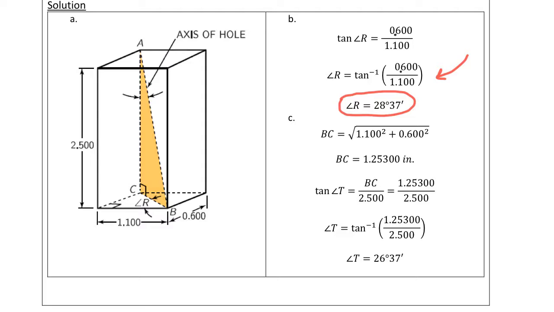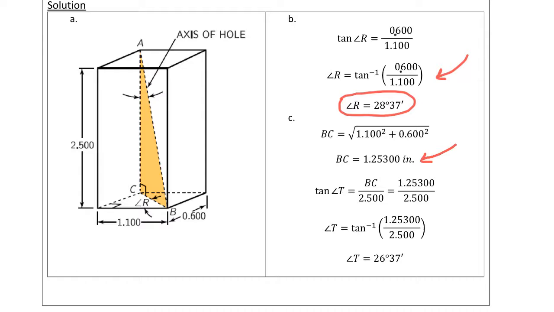Now before we find the angle of tilt, we have to find the side BC. And the side BC is the square root of 1.1 squared plus 0.6 squared. We get BC here, it's 1.253. And now we can find the angle of tilt.